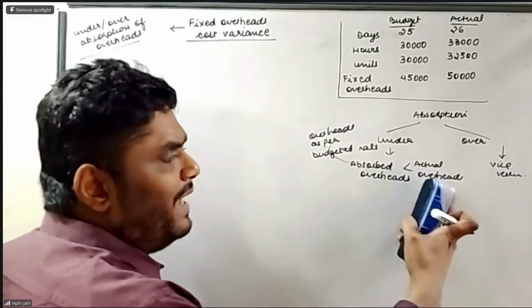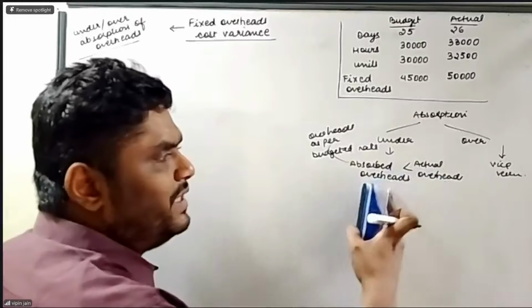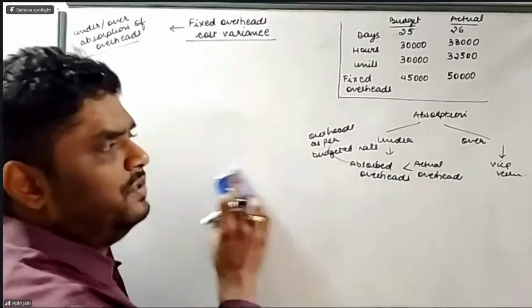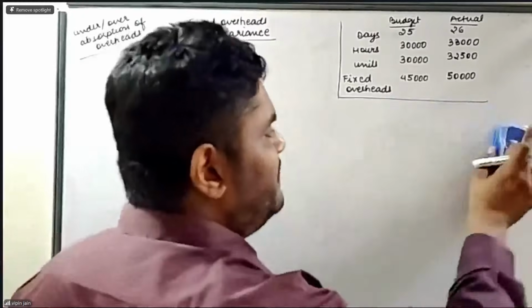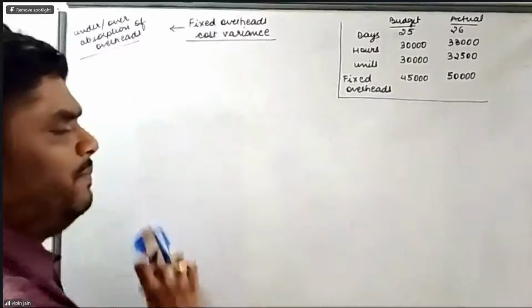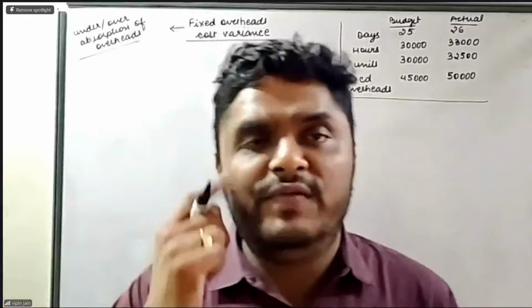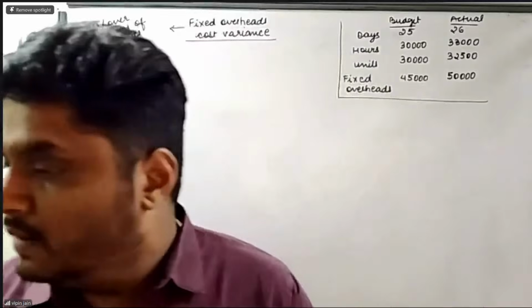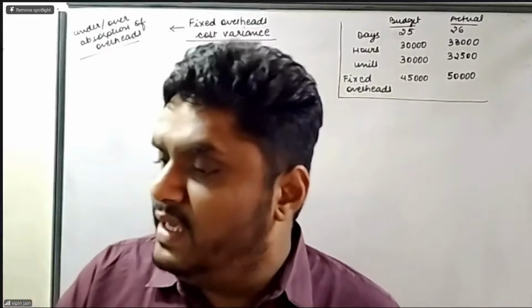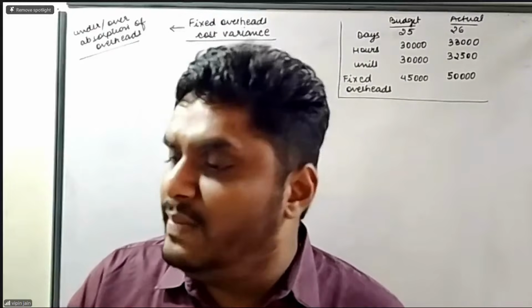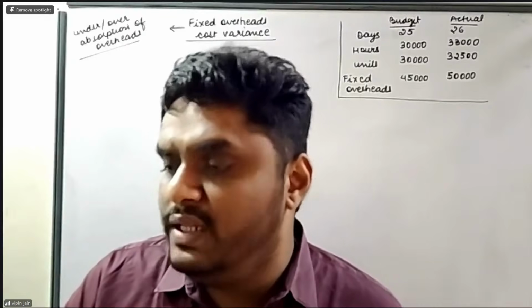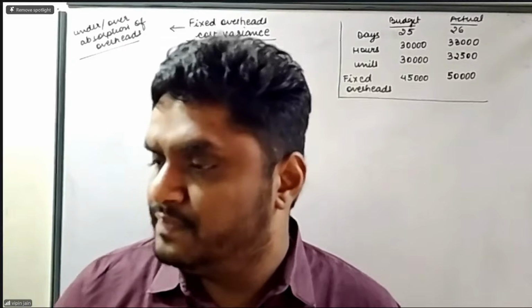Once we compare absorbed overheads with actual overheads, it can be either under or over absorption. You can refer to my previous batch classes on overheads for a better understanding. Overheads means indirect material, indirect labor, and indirect expenses. We call them overheads, Mehek.